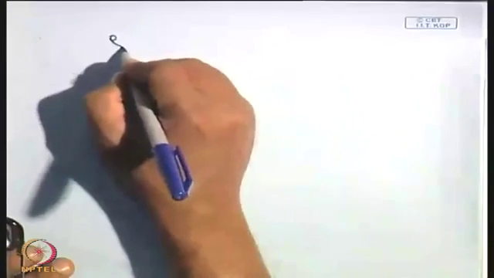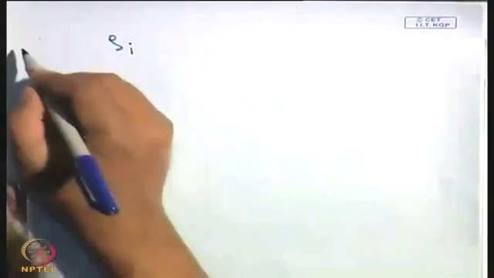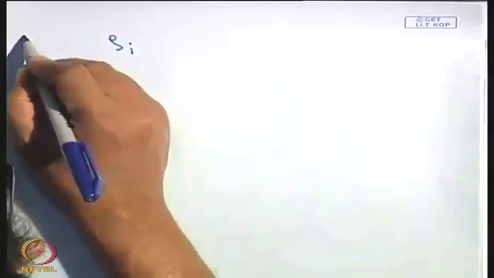Let me start off today's class by recapitulating what we have been doing. We have considered a universe which is filled with a variety of components, each of which has a density rho_i. So, i here refers to the different components, and we have allowed for the possibility that these components also exert pressure.